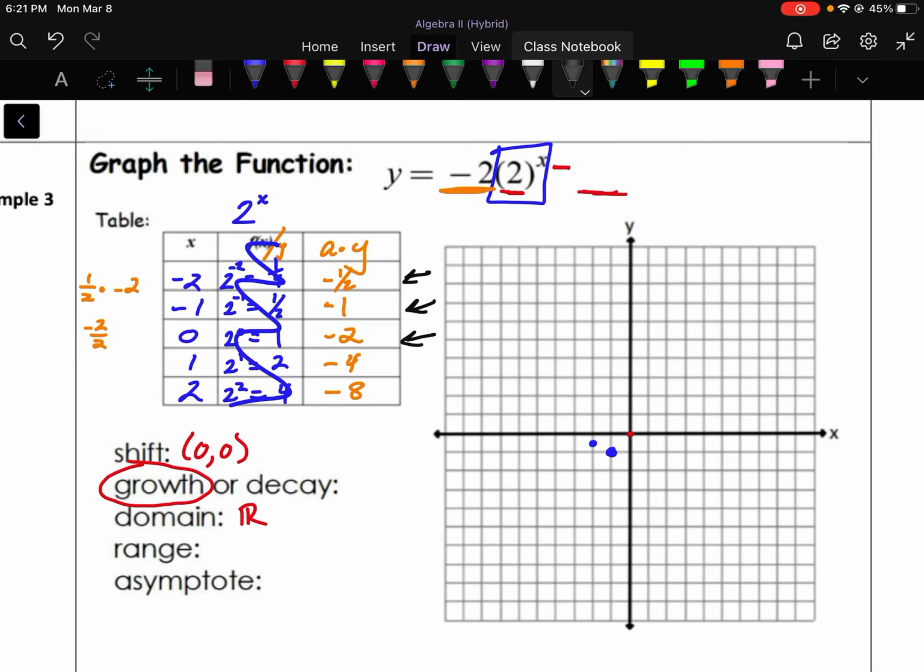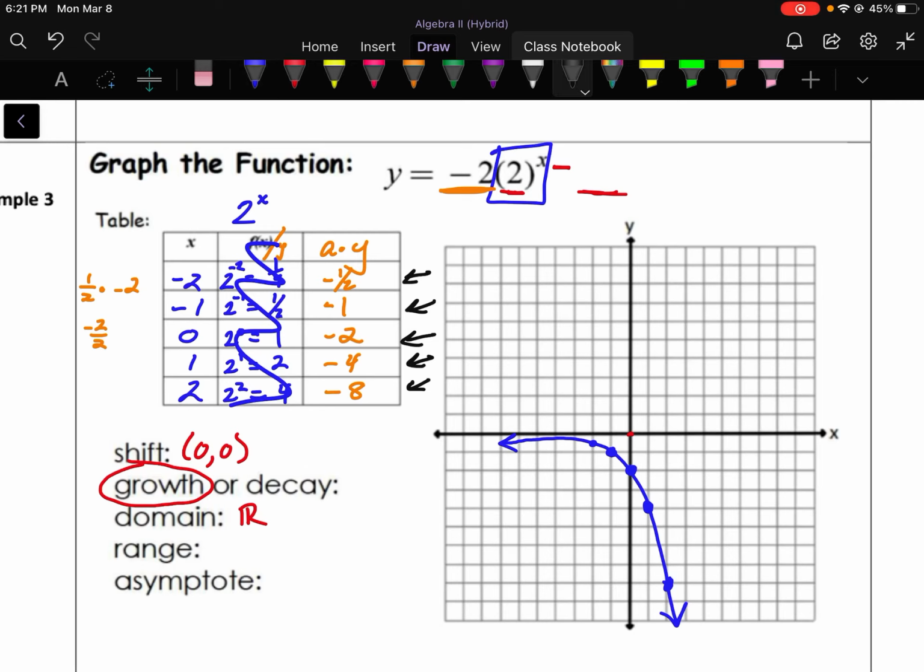The third point would be 0, -2. Fourth point here would be 1, -4. And the last point here would be 2, -8. So something like this. So it is exponential growth. It's just going in the negative direction.